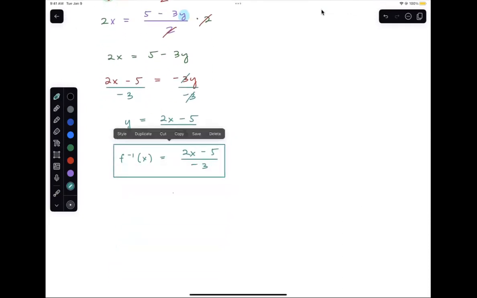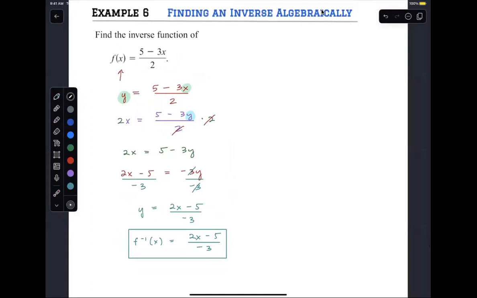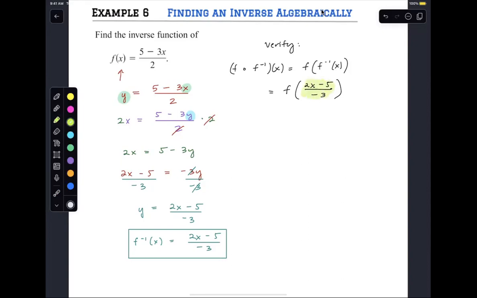So then what you'll have to do is prove they are inverses by doing the composition. So we're going to verify. f composed with f inverse of x is f of f inverse of x. f inverse of x was 2x minus 5 over negative 3. So we're going to take this and plug it in for x in f of x.